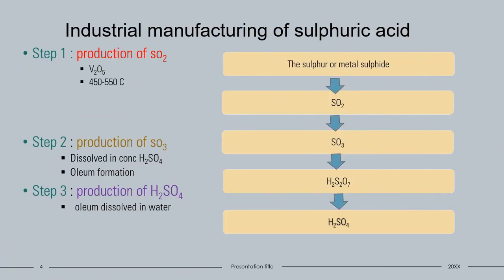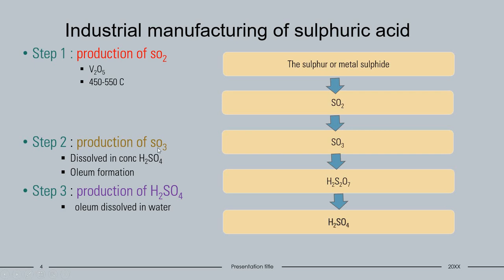First of all is the industrial manufacturing of sulfuric acid. It is a sequential flow sheet diagram where step 1 is the production of sulfur dioxide. Sulfur or metal sulfide is burned with dry air to produce sulfur dioxide. This sulfur dioxide then reacts with the catalyst vanadium pentoxide at 450 degrees Celsius to 550 degrees Celsius to form sulfur trioxide.